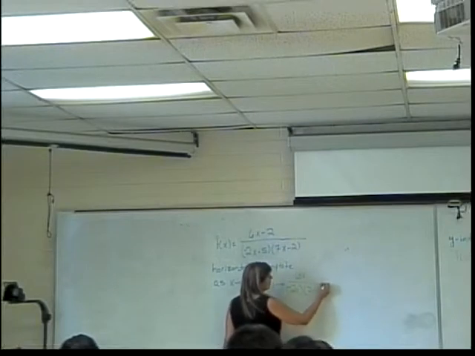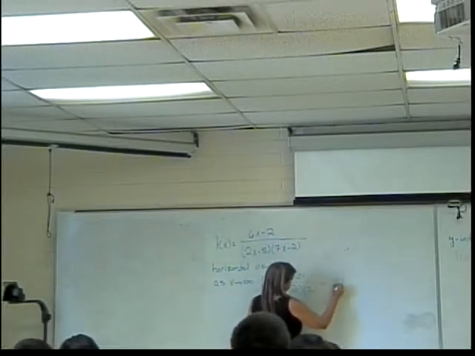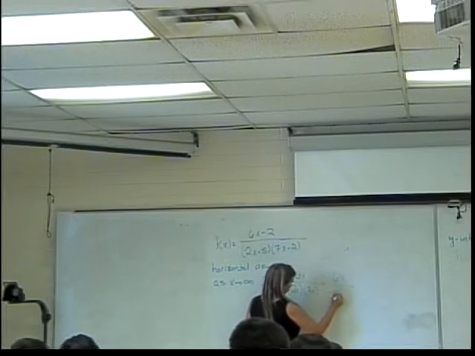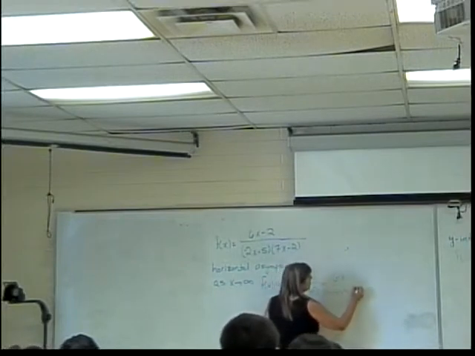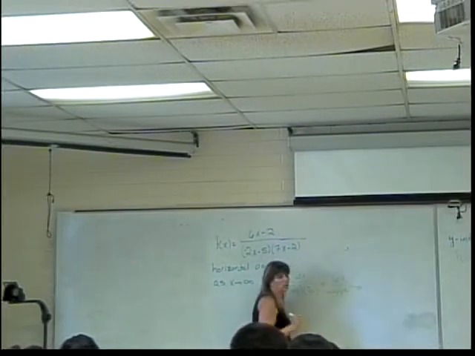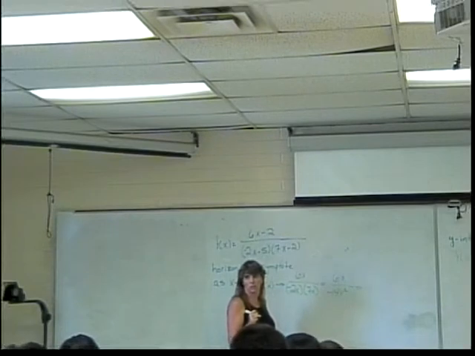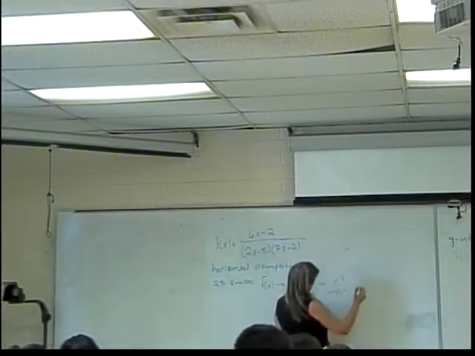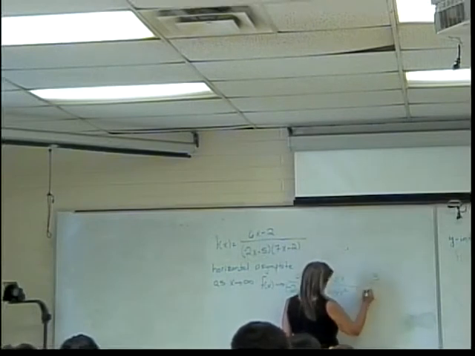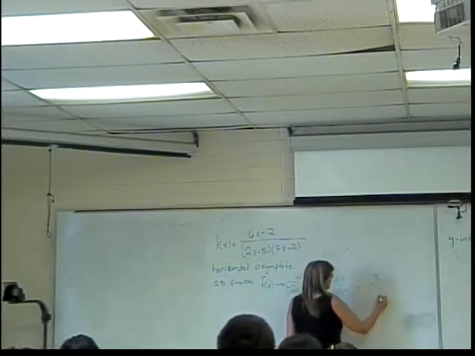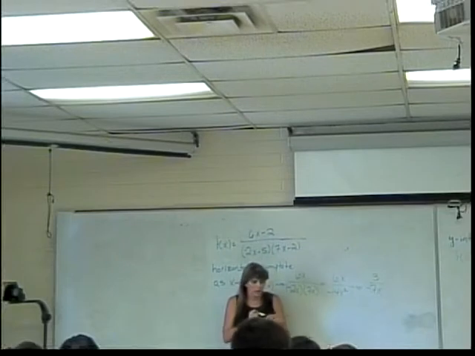Now, if I simplify this, this will be 6x divided by negative 14x squared. Do you want me to simplify the 6 and the 14? Or do you care? Okay, so 3 over negative 7x. Now let me ask you about this.